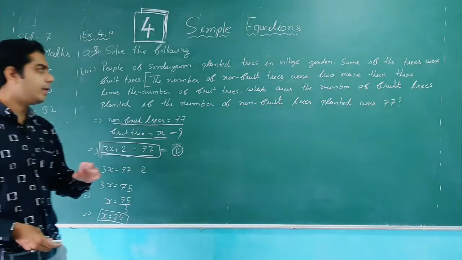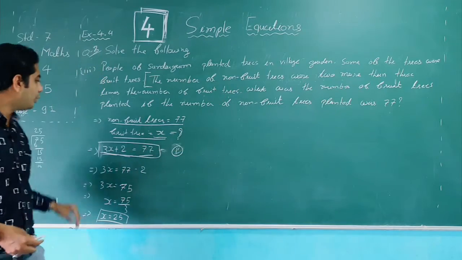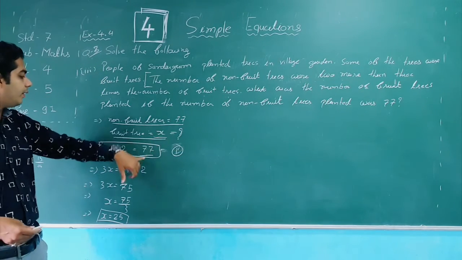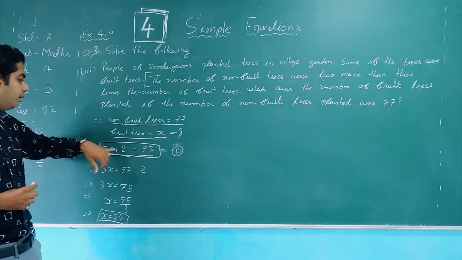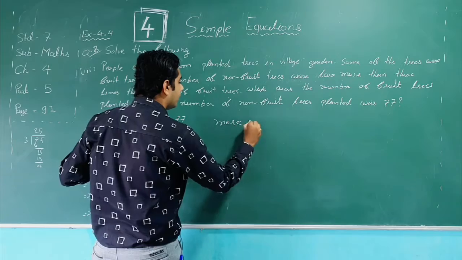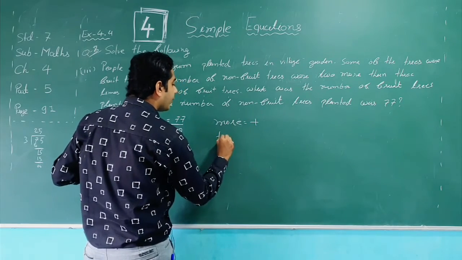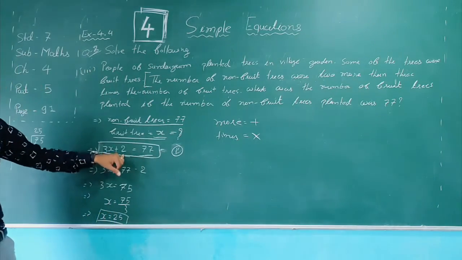Again I am repeating the question. The number of non-fruit trees, which is 77, is 2 more. More means addition, and times means multiplication.